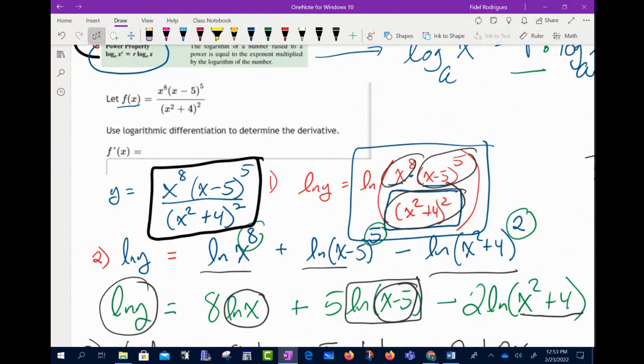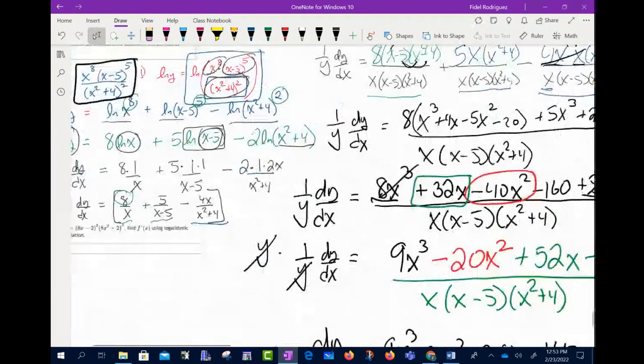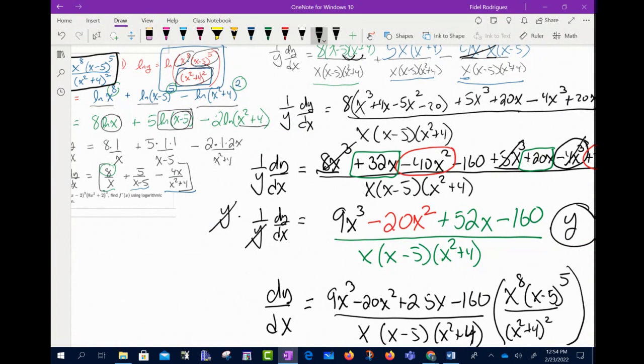So I'm going to replace that y on the right side with that x to the 8th, all that kind of funky stuff. So right here, we're going to have x to the 8th, x minus 5 to the 5th, all over x squared plus 4 squared, right?